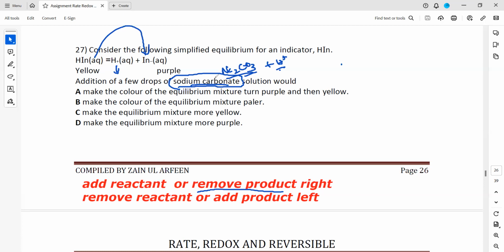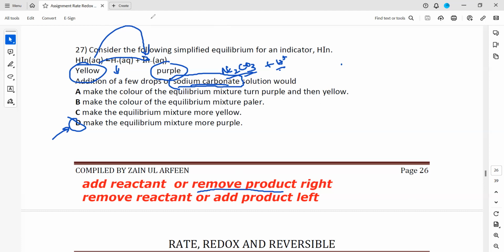So what will happen in this reaction? It will make the equilibrium mixture more purple, because this is yellow and this one is purple. If equilibrium shifts towards the right, more purple substance will form. That's why D will be the right answer.